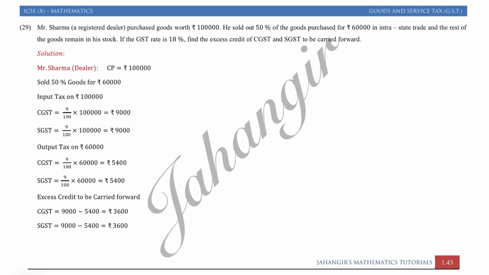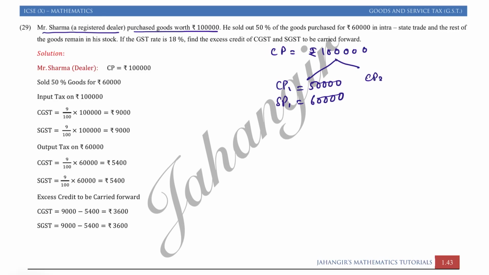Question number 29. Mr. Sharma, a registered dealer, purchased a good worth rupees 1 lakh. Its CP is rupees 1 lakh. He sold 50% of the goods, that is 50% of cost price is 50,000, and he sold this at rupees 60,000 in an intrastate, and rest of the good remains in the stock.